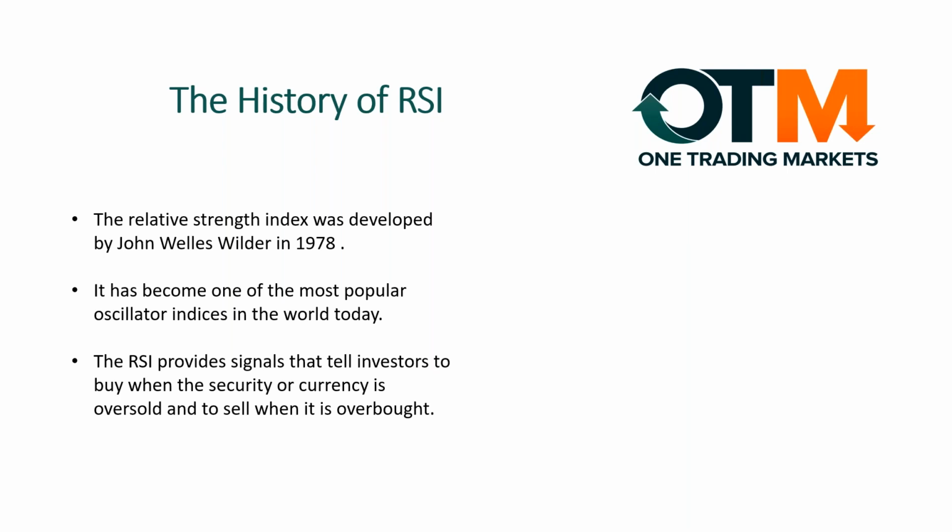The RSI provides signals to tell investors, basically like us who wants to trade, when to buy when a security or a currency or a cryptocurrency, for example, is oversold, and when to sell when it's overbought. We're going to learn together what is oversold and overbought right now.